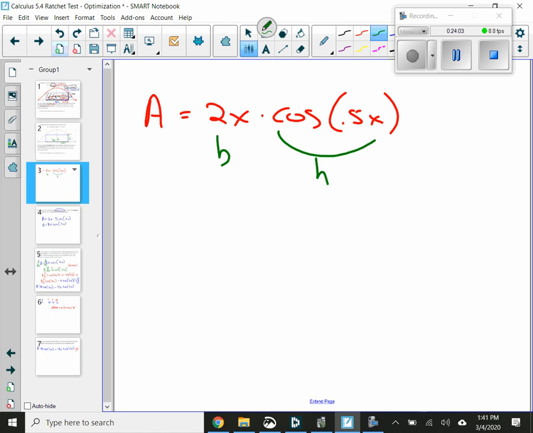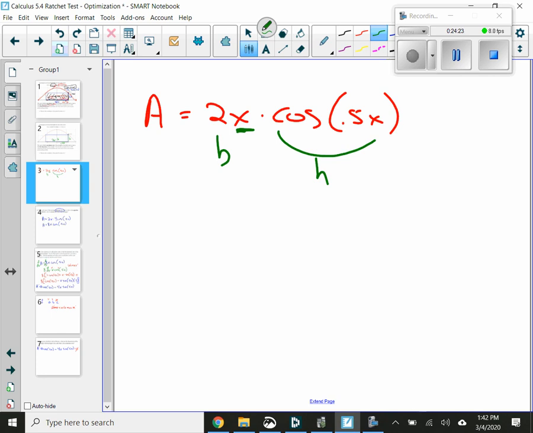If I plug the 3.44 into here, then I'm going to be doubling the size of the base, and I'm actually even going to be going beyond negative pi and pi. Make sense? Yes. Can you explain how you got the height?